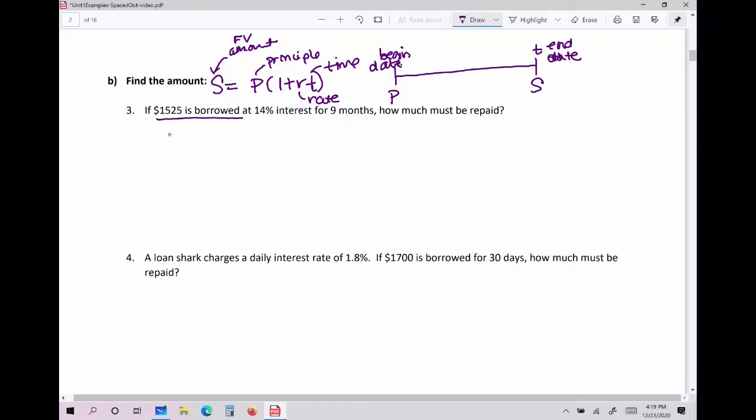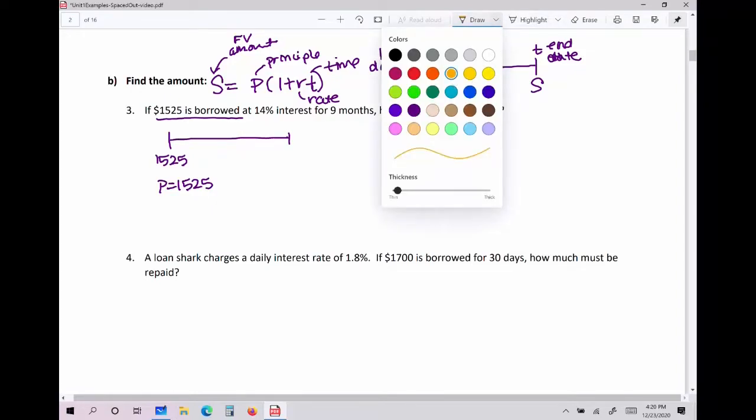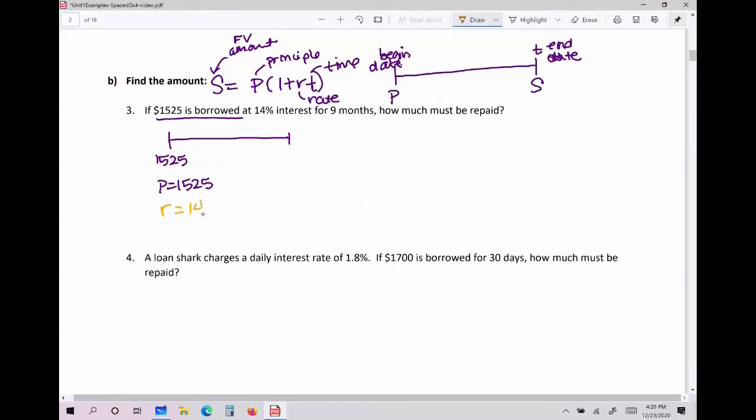$1,525 is borrowed, so that would go at the beginning, because that's our P, at 14% interest, so that's our R. It's 14%, so it'll be 0.14. And 9 months, so it's not given, so we're going to assume yearly.